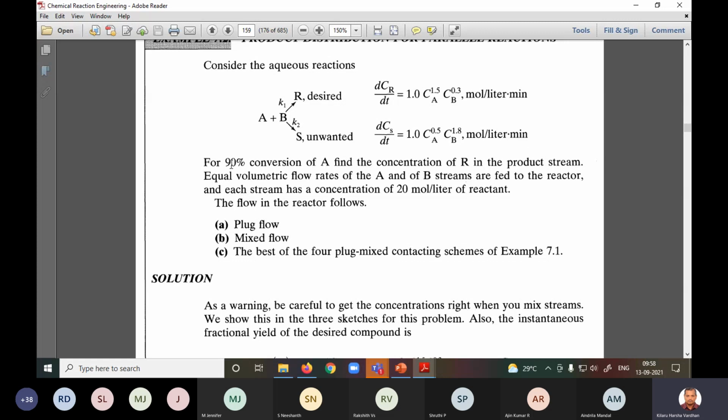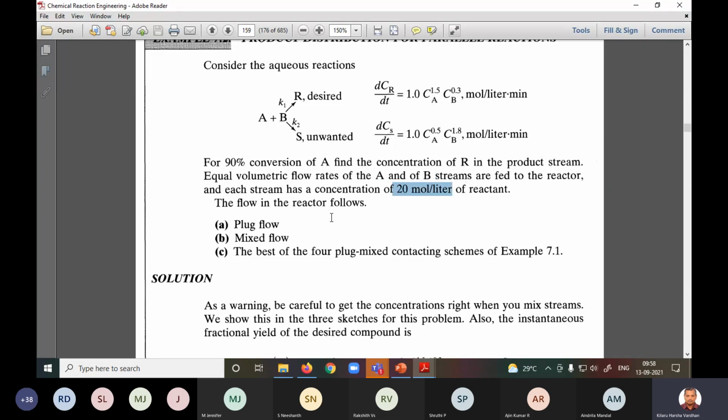He is asking about 90% conversion of A. So the A conversion is 90%. Find the concentration of R, the CRF, that is final, in the product stream, if equal volumetric flow rates of A and B are fed to the reactor, each stream having 20 mole per liter.